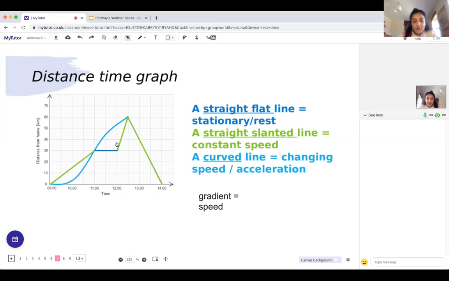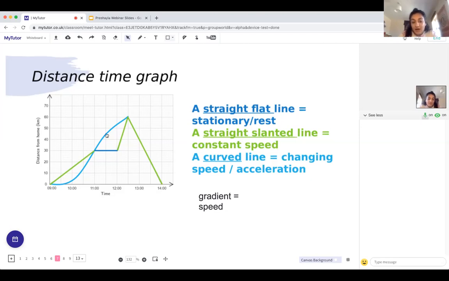From 12 till half 12, it's traveling at a speed. And from half 12 till 2, it's traveling at a different speed. So the green lines mean it's traveling at a constant speed. The speed doesn't change. It stays at the same speed for that amount of time.